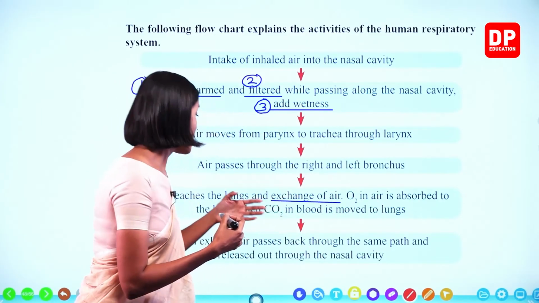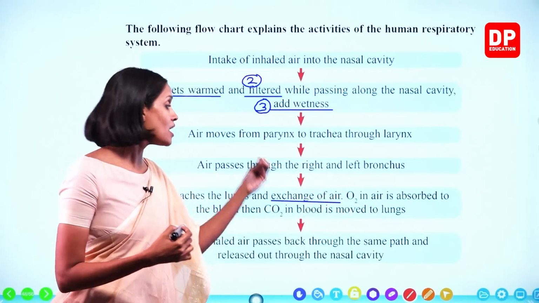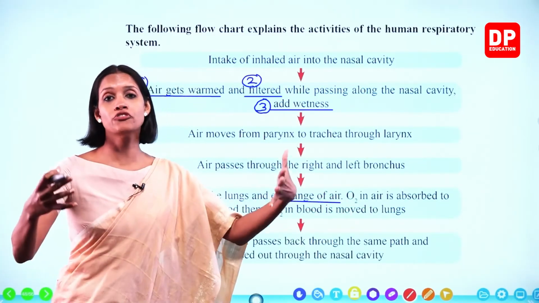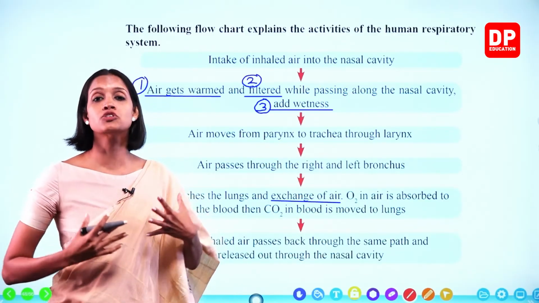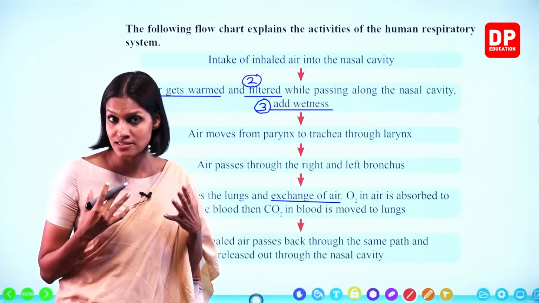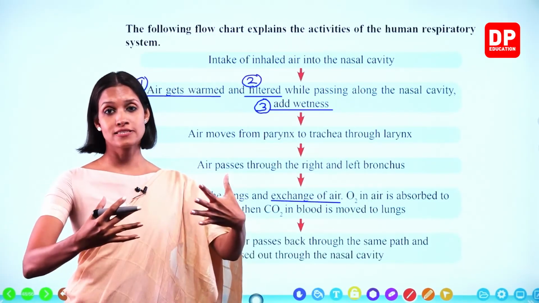Why does our body have to move the carbon dioxide into the lungs? Because the carbon dioxide should be removed from your body. The only way to remove the carbon dioxide is through the lungs. Therefore, your blood system has to give this carbon dioxide in the blood to the lungs.